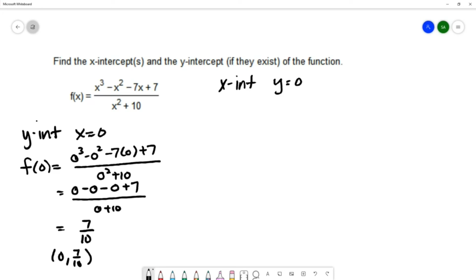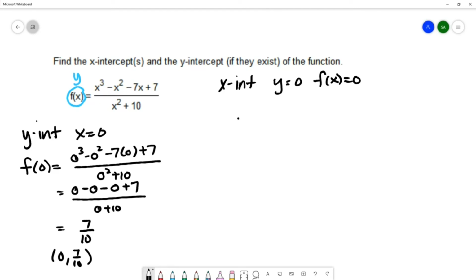Our equation here is written in function notation, and it is f of x equals x cubed minus x squared minus 7x plus 7 over x squared plus 10. And because it's in function notation, this f of x is representing y. So we're going to be setting f of x equals 0.